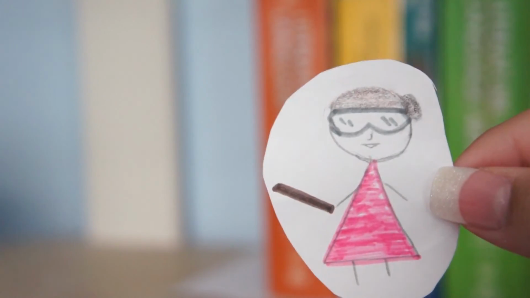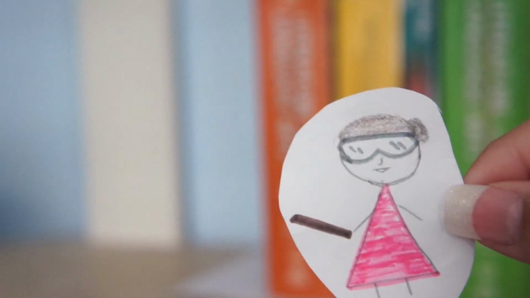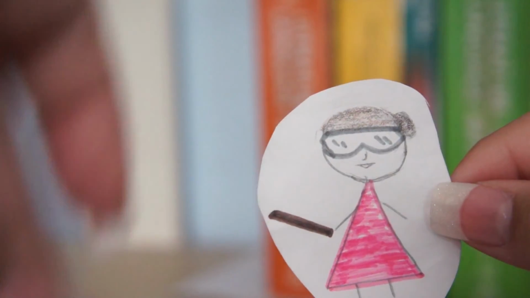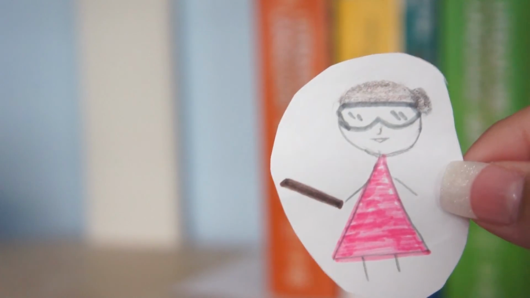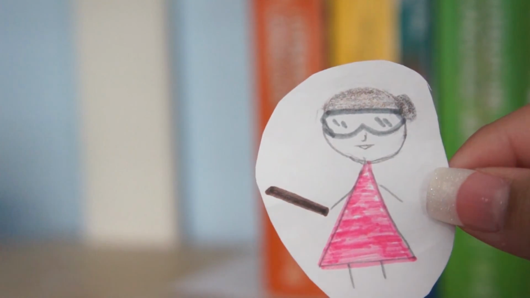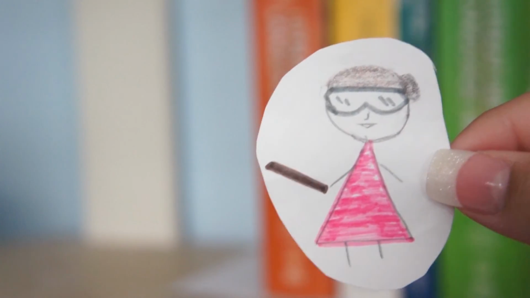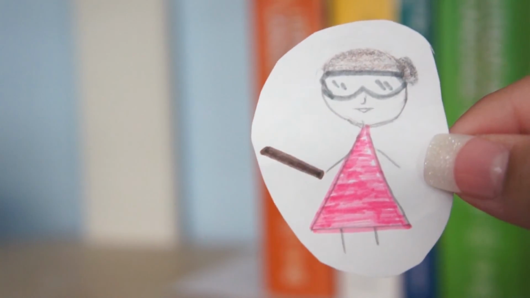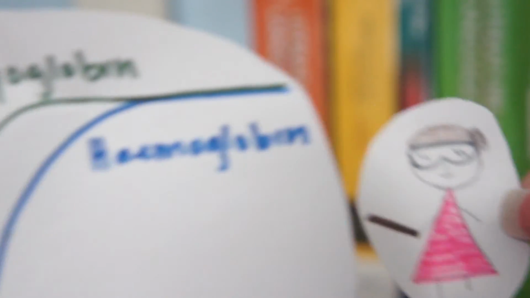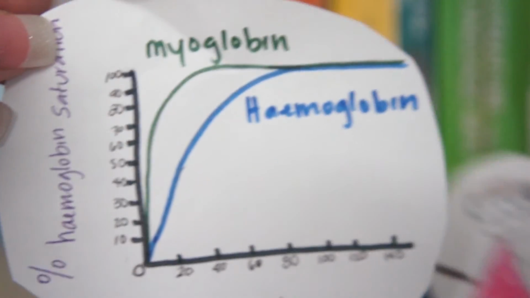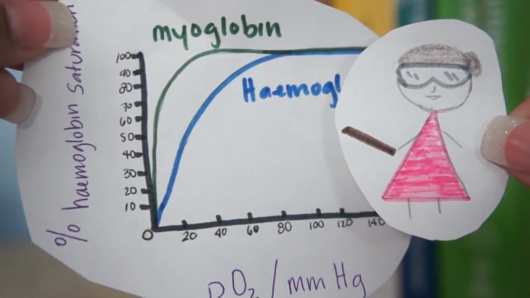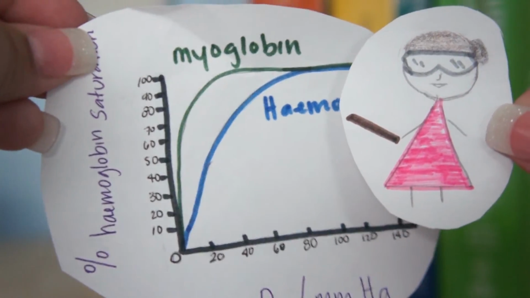This is known as the Bohr effect, in which a decrease in pH shifts the O2 dissociation curve to the right. This is what it looks like. O2 dissociation curve shifted to the right.